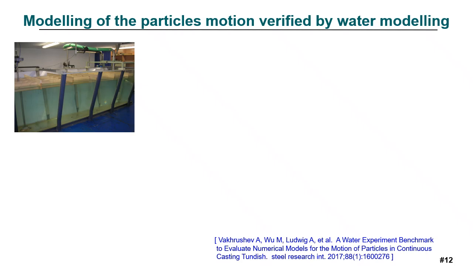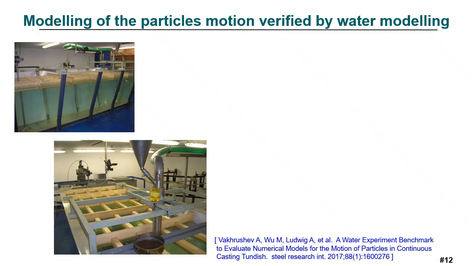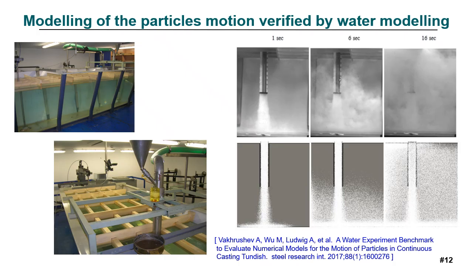The Lagrangian particle tracking is one of the key topics in multiphase modeling for the continuous casting process. Actually, it can be applied both for non-metallic inclusion motion and for the distribution of gas bubbles. In our studies, we have performed one-to-one scaled continuous casting tundish water modeling by injecting particles of different sizes, starting from big diameters and ending up with very small fractions, which were, as you can see, almost like dust clouds in the experiment.